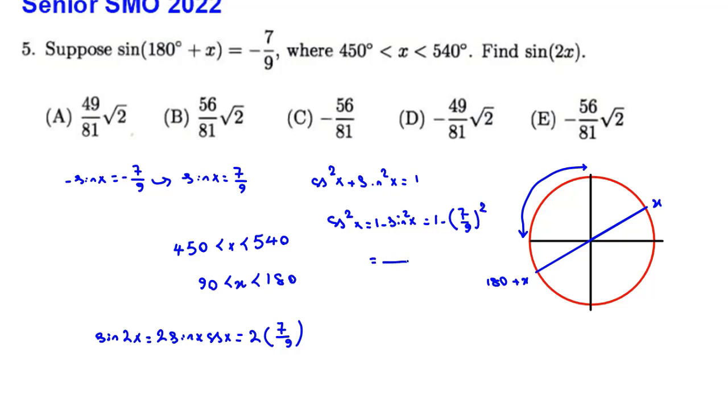It will be 81 minus 49, so 32 over 81. Now cos x will be negative square root of 32 over 81, which is negative 4 root 2 over 9, since the square root of 81 is 9. And so it will be negative 56 root 2 over 81.